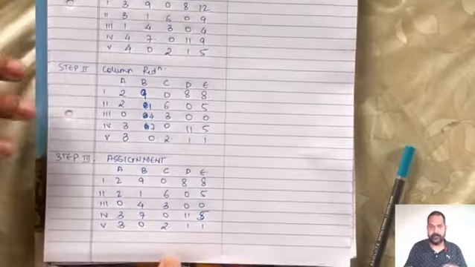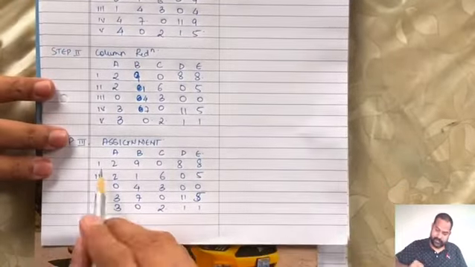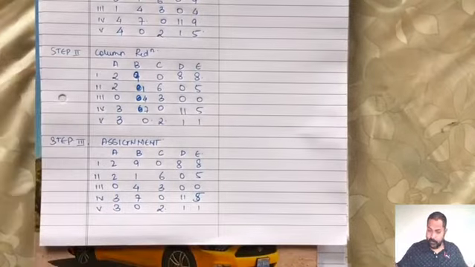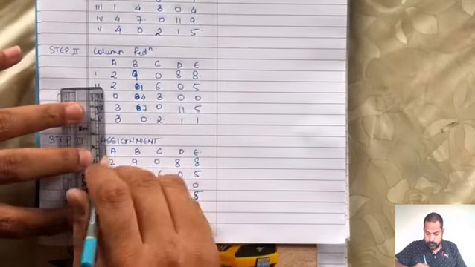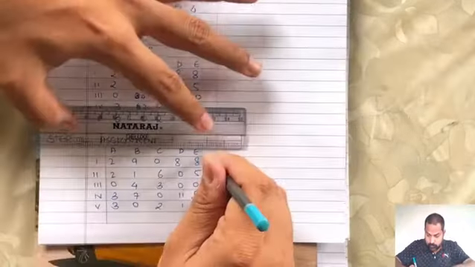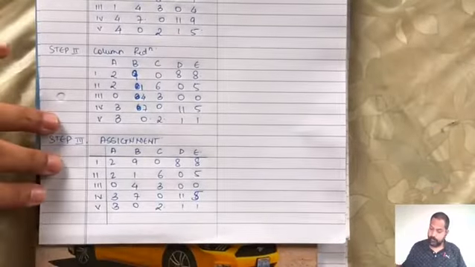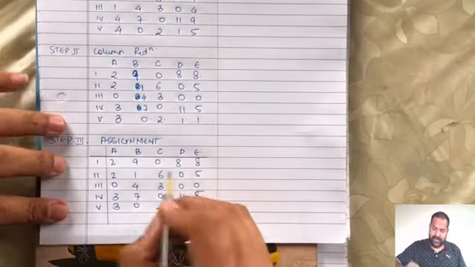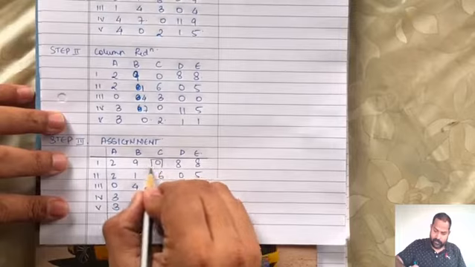Let's begin the assignment. Row wise. Let me draw a line here so that there isn't any confusion. Row wise, exactly 1 zero. Fantastic. Mark it as an assignment.